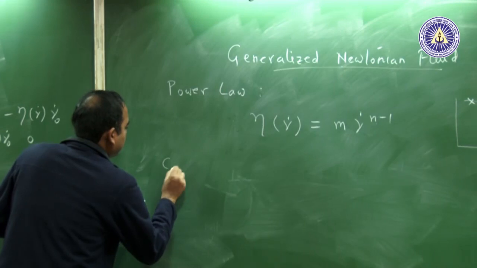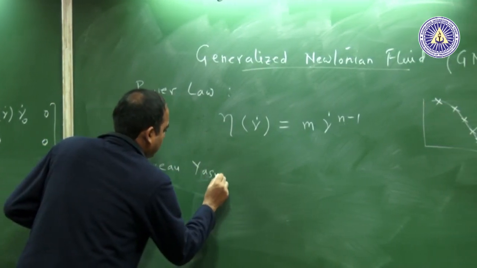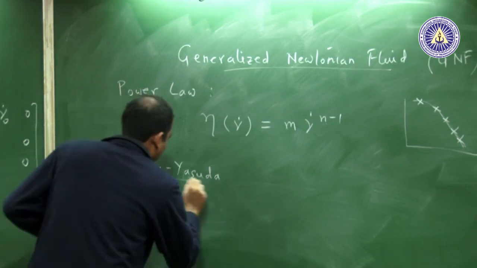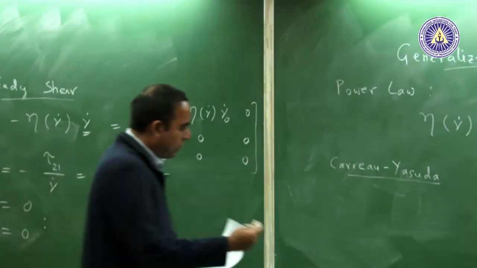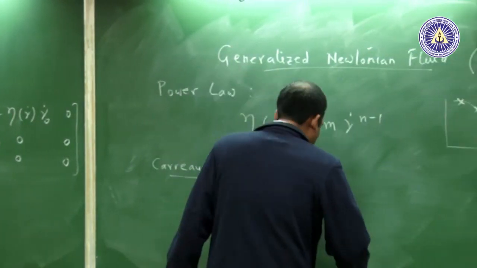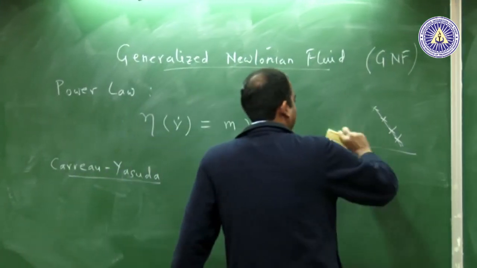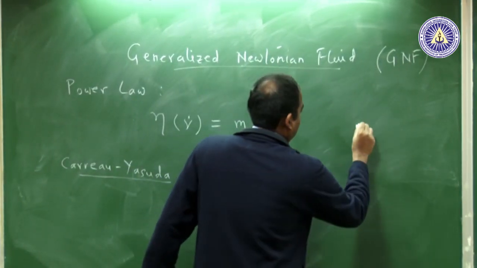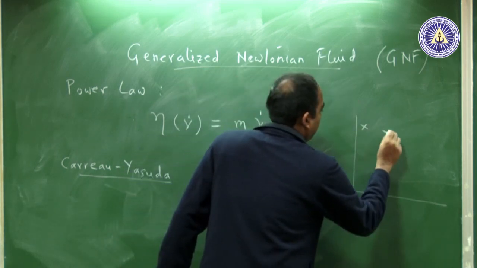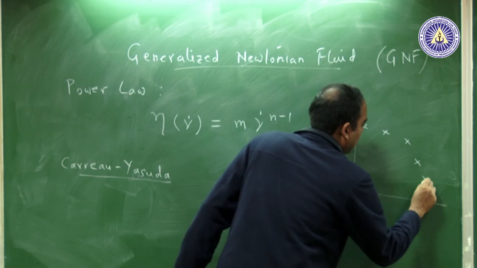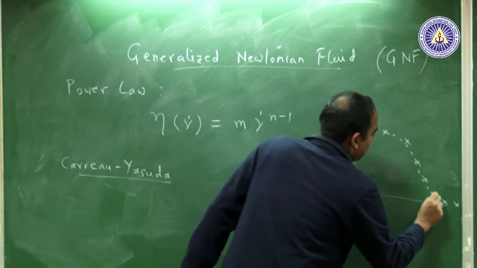The next in this family is the Carreau-Yasuda model, a little bit more complicated version of the power law model. Again, it is a data driven model. You are looking at the same data, but instead of just fitting the power law portion, you are trying to fit all the portions together.